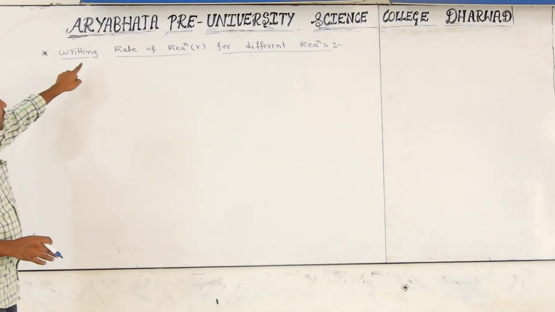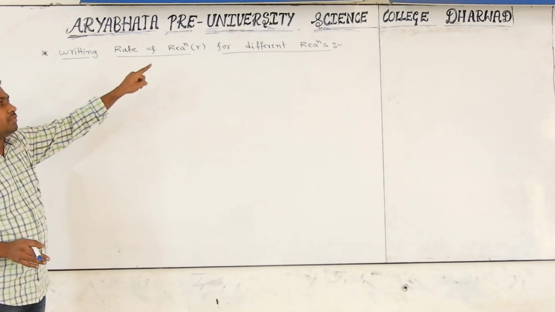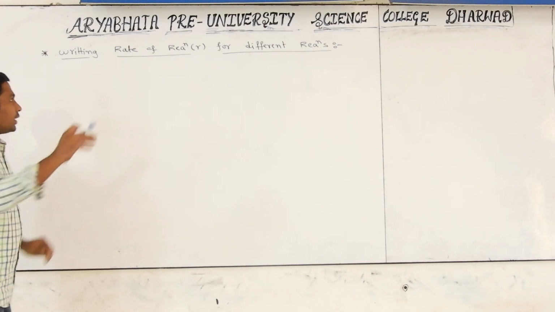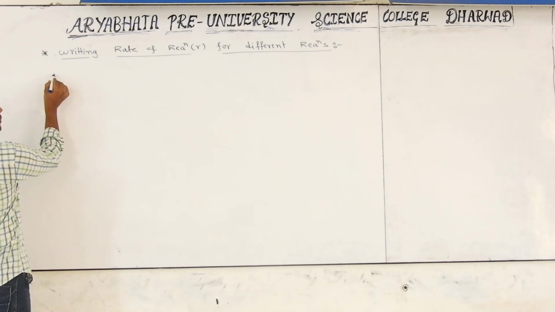What is the difference in writing the rate of reaction for different reactions? Okay, in these two cases it is connected. First one I am explaining.